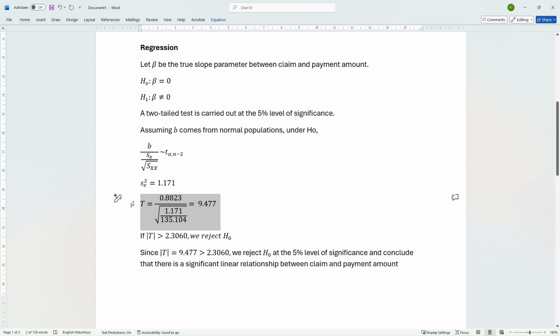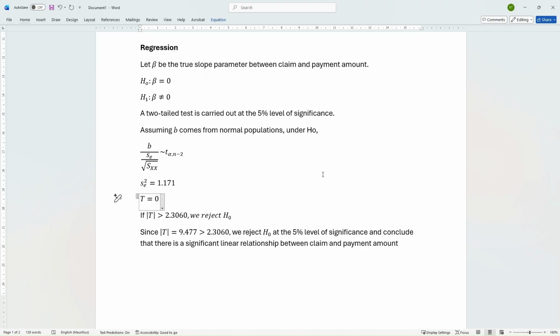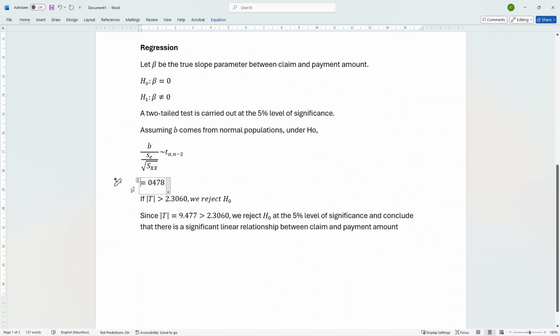There is no need for you to do this computation. You would just normally write t equal to 9.478. That's all you would have had to do. Because if this information is given, you put that directly.